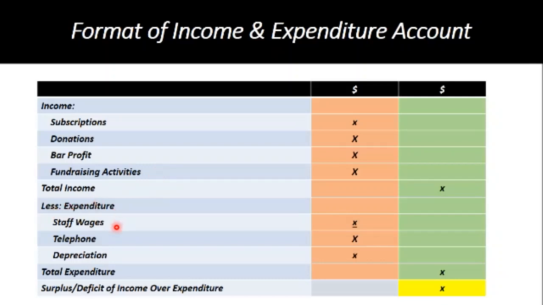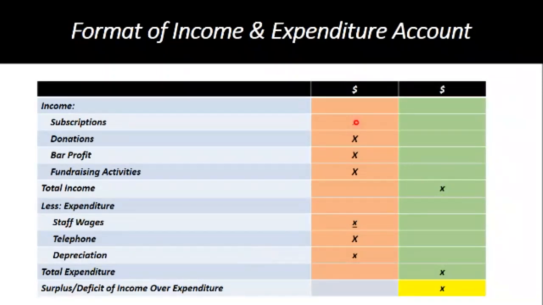And then we left the expenditure. The expenditure, you will get them in the receipts and payments account, except for the depreciation. Some clubs and non-profit making organizations would have non-current assets, or assets that last more than a year, and they will have to calculate depreciation again as usual on it.